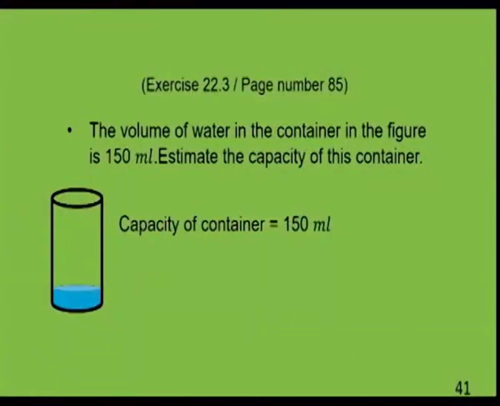Yes, you have to do a small calculation. It can be observed that the height of this container is 5 times the height of the liquid. So, you have to multiply the volume of liquid by 5. If you multiply 150 by 5, you can get the capacity of the container as 750 milliliters. It is easy, no?